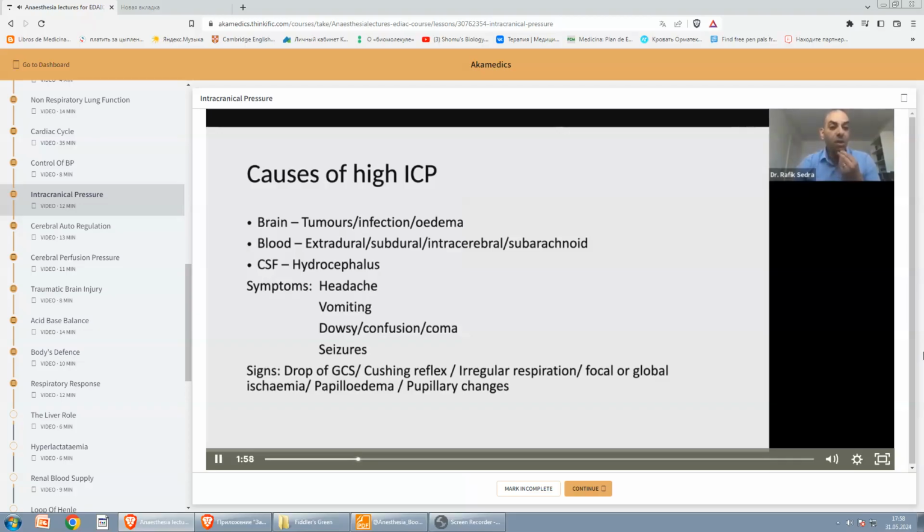Blood, so when you see any increase in the blood volume, like subdural hematomas, extradural hematomas, intracerebral bleed, and subarachnoid hemorrhage as well. And last is CSF, which you don't see quite often. You see it like hydrocephalus, which again can increase the intracranial pressure.